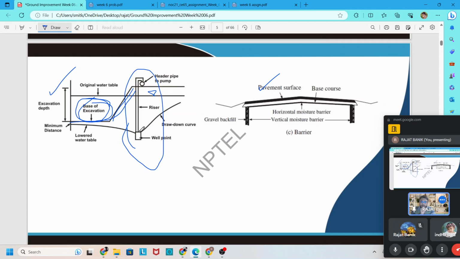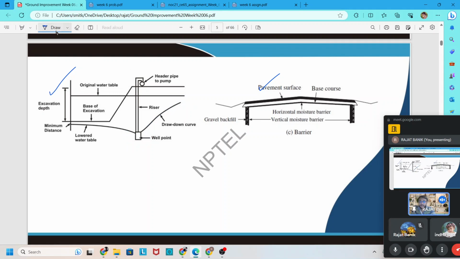Due to this the original groundwater level may be reduced, due to the influence or power of this well point.